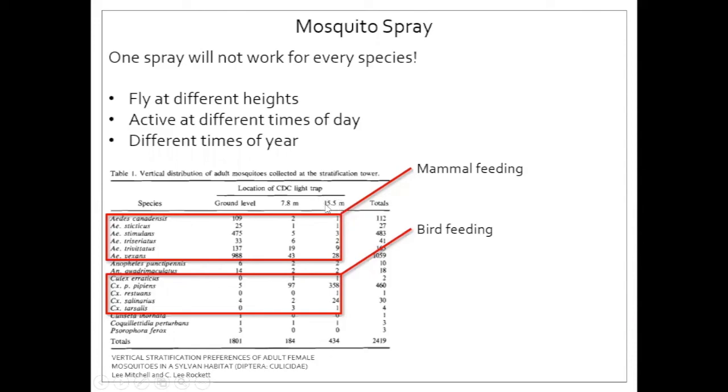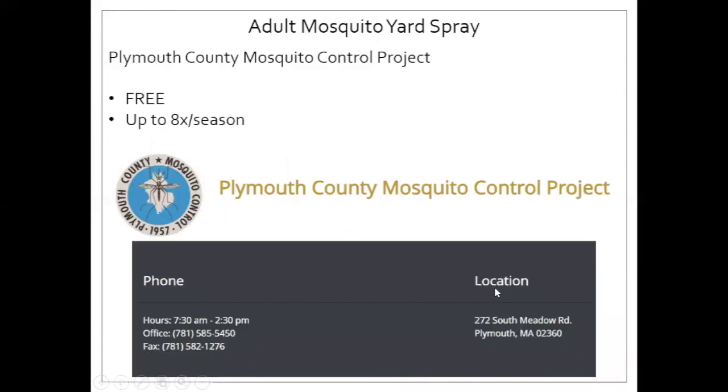So you're looking at tree canopy height, basically the height that birds fly at, and this is a bird-biting mosquito. So you can see that the mosquitoes are orienting themselves very differently vertically. And so where you might apply that spray would impact different types of mosquitoes.